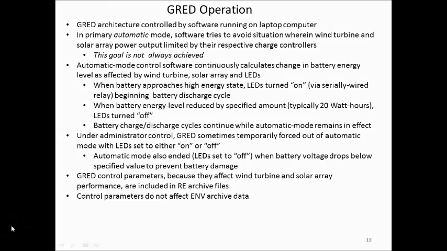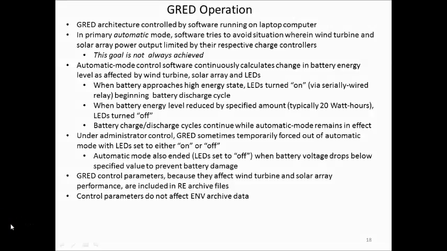The control software tries to keep the system operating in what we call the automatic mode. The goal is to avoid the situation wherein the wind turbine and/or the solar array power output is limited by their respective charge controllers.